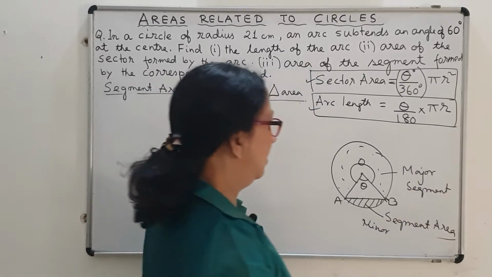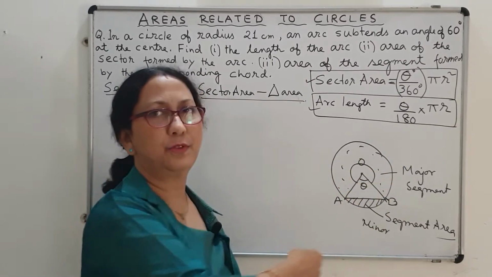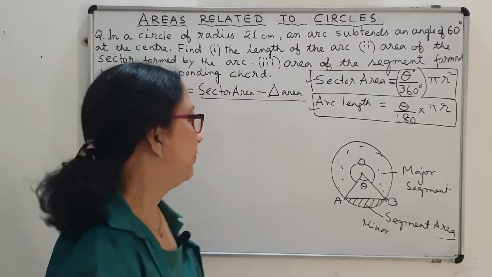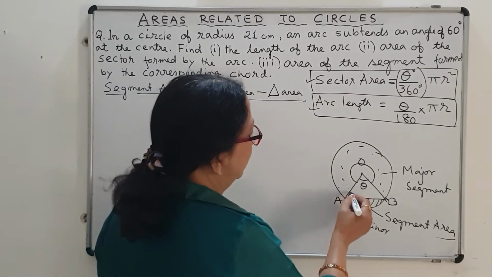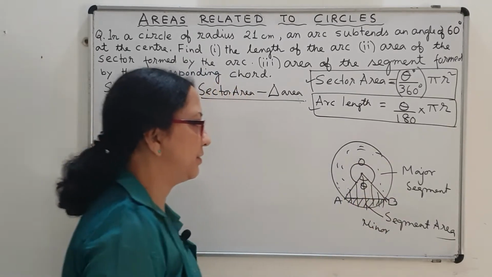And you know, minor segment plus major segment is nothing but the area of the circle. So if I know any one, I will be able to find the other. Okay. And similarly, this will be your minor sector and the rest will be the major sector.